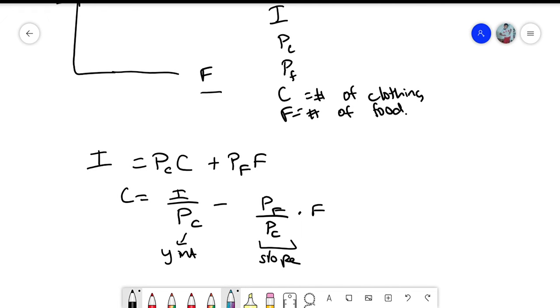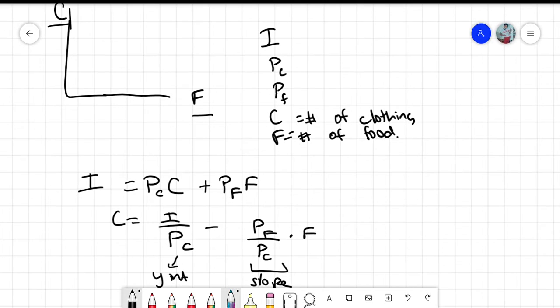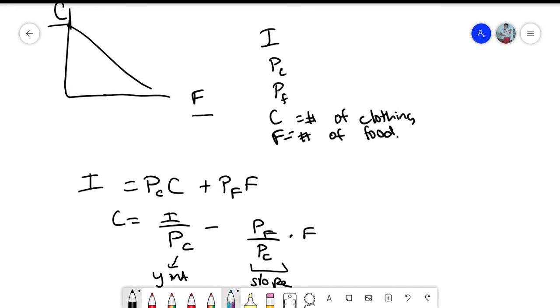Let me just scroll down. If I have a line that goes like this, and the line is I equals PC times C plus PF times F, that means the slope equals negative PF over PC. It's negative because it's a downward sloping line.